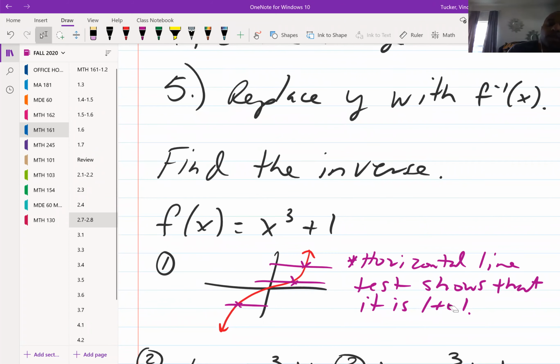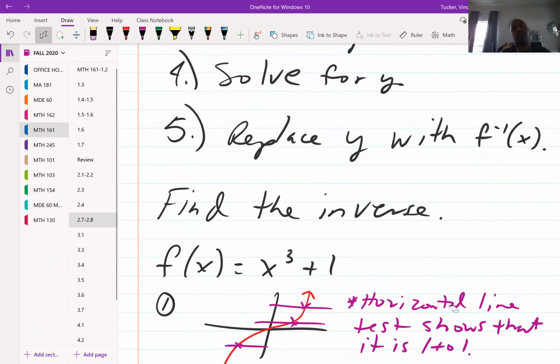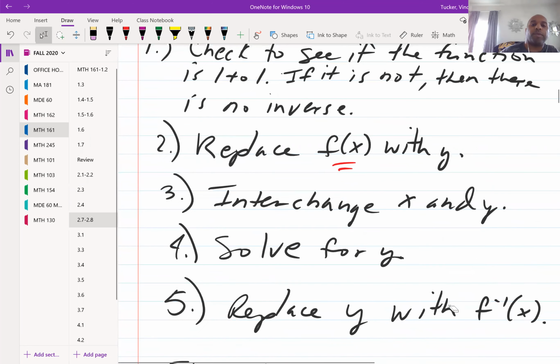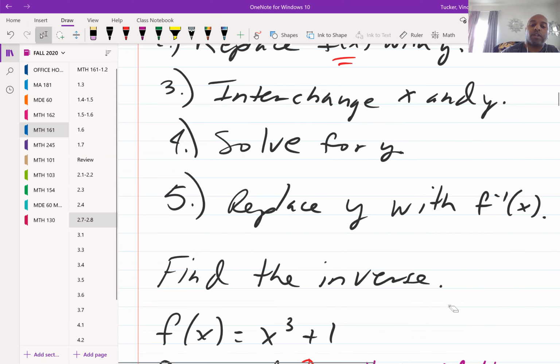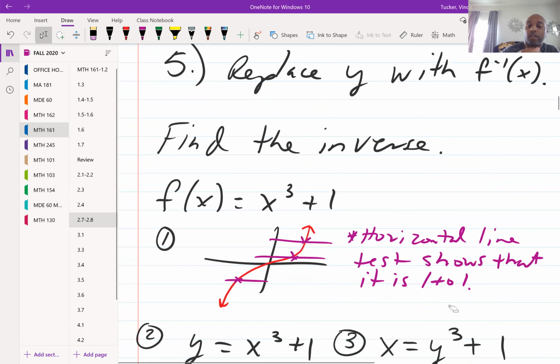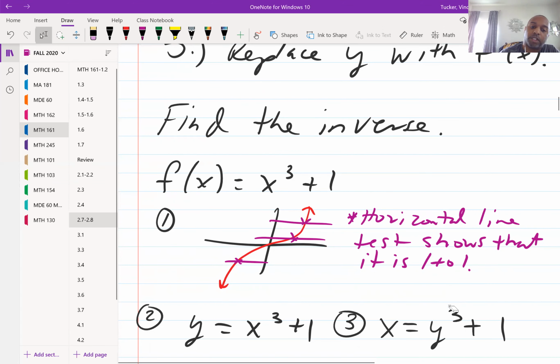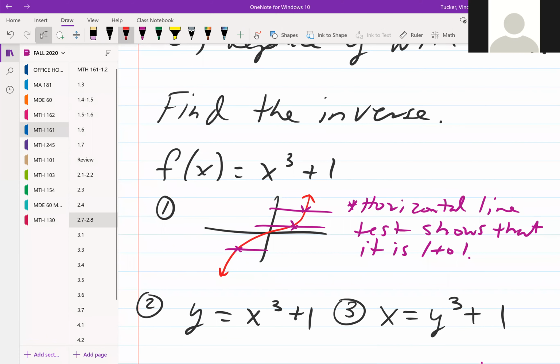All right. So we're looking at f of x equal to x cubed plus 1. First thing you want to do, remember the first step is to determine if it is one-to-one or not. So it's a cubic equation. Horizontal line test shows that that is one-to-one. Step 2 is to replace f of x with y.